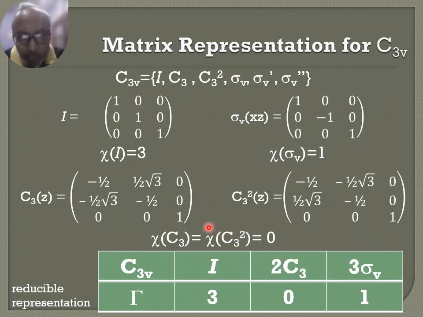C3 and C3 squared, which belong to the same class, have trace equal to 0. And the three reflections belong to one class and have the trace equal to 1. Although we didn't develop the matrices for the other two reflections, since all three reflections belong to the same class, by the theorem we just proved, they have the same character.